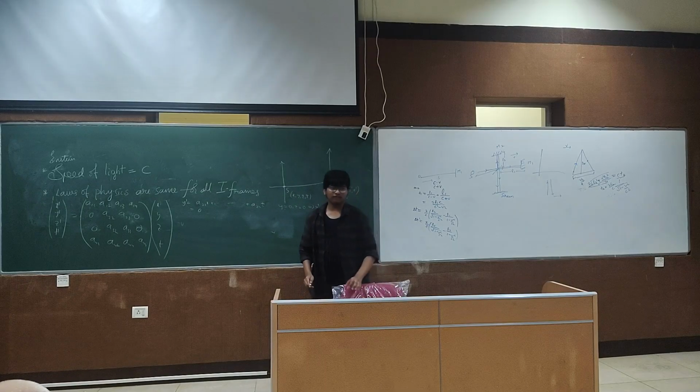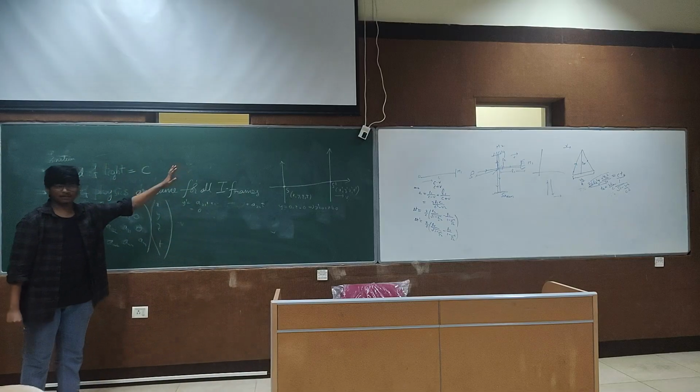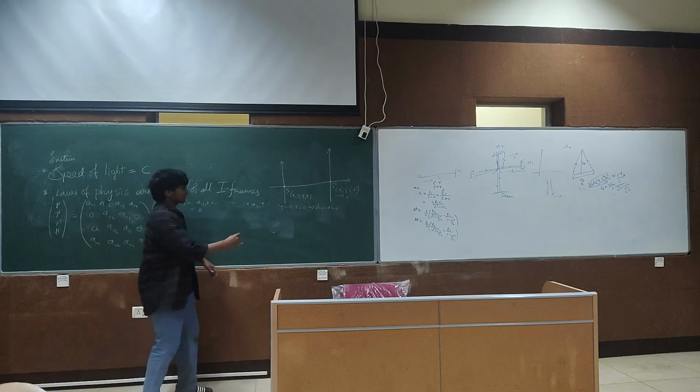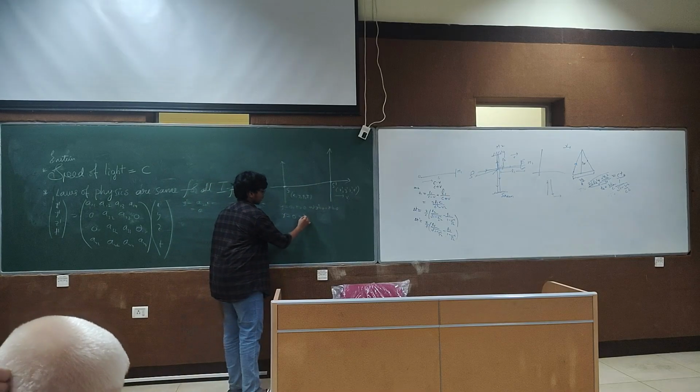Now let's do the same thing for a plane rather than a line, like an axis. Consider the xz plane. How do you write the xz plane? y equal to 0 implies y prime equal to 0.